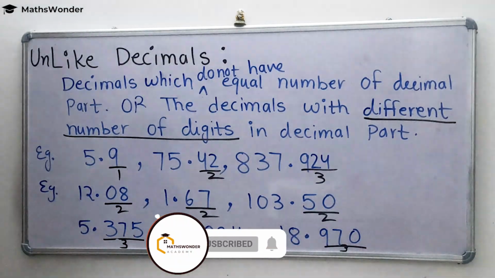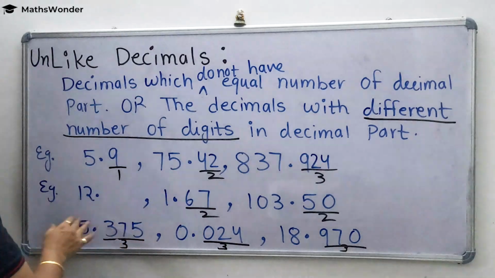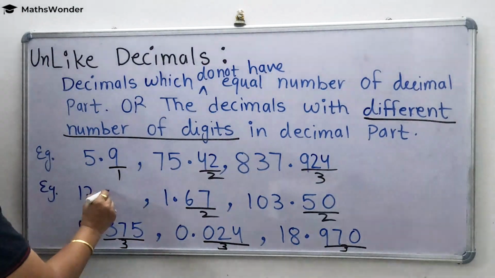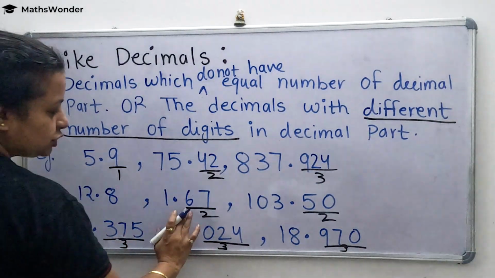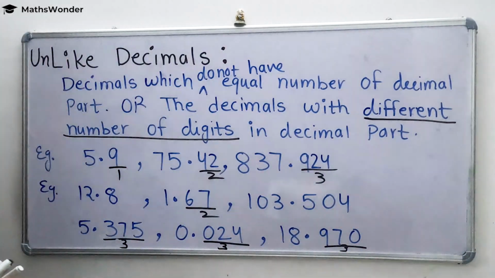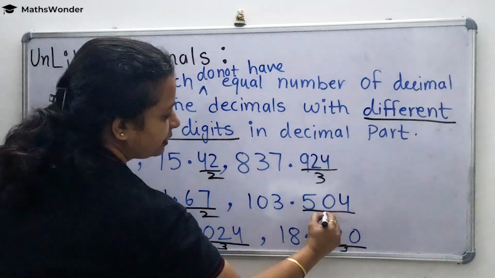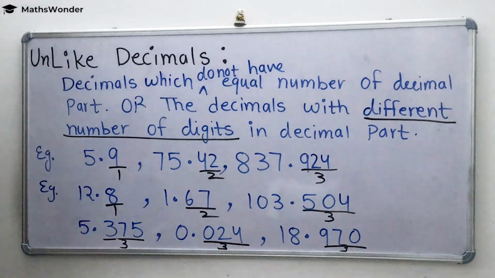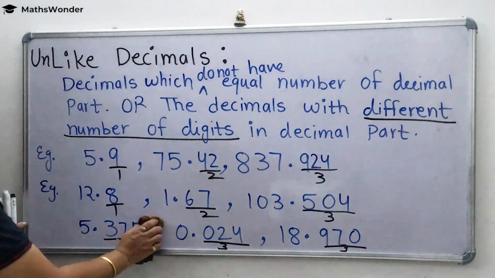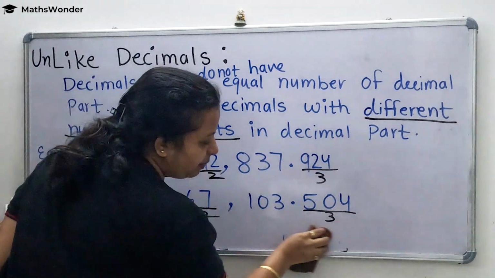Understood? Here, suppose there is 1 digit only, 12.8. Here is 2. Here is 4. Now check. All the decimal digits are different. 1, 2 and 3, maybe in any sequence. It's not necessary that it's always 1, 2 and 3. It's a different number of digits.